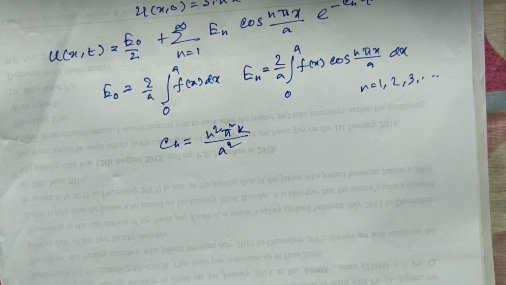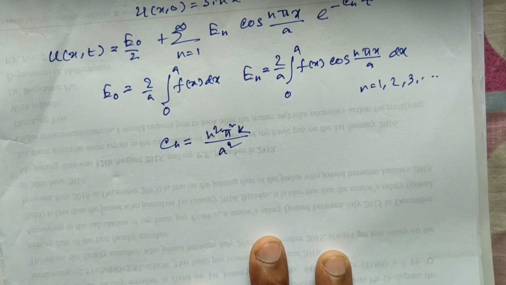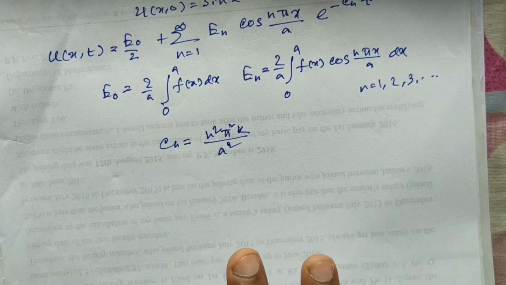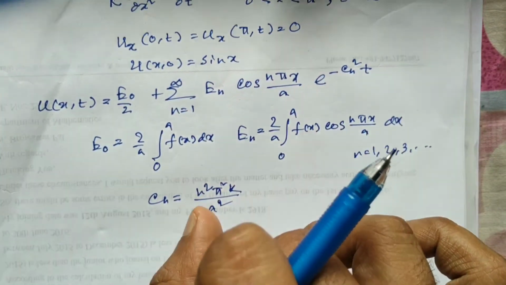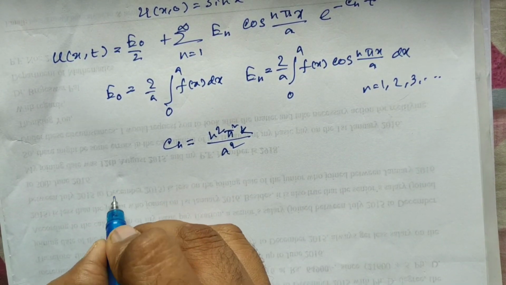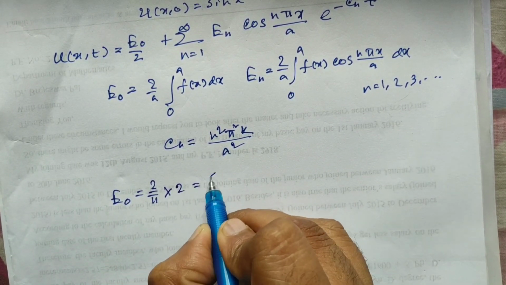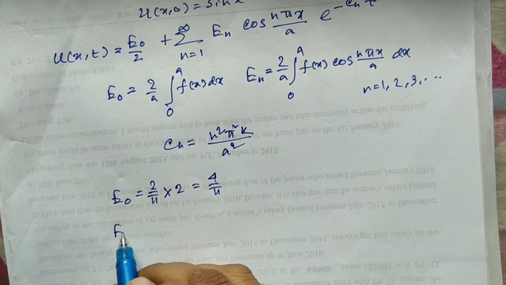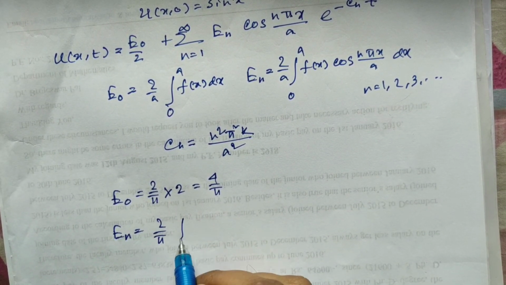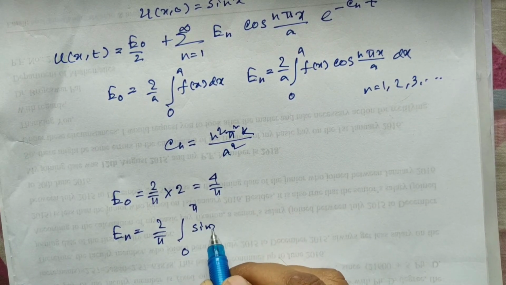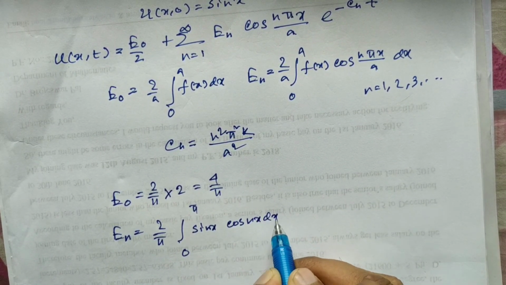Now the boundary conditions are given, and if you compare this solution with these boundary conditions, then what you see is that k is equal to k and a is equal to pi and f(x) is equal to sine x, which are given. So according to the given data, you have e0 is equal to 2 by pi multiplied with 2 is equal to 4 by pi, and en is 2 by pi integral 0 to pi sin x cos nx dx.